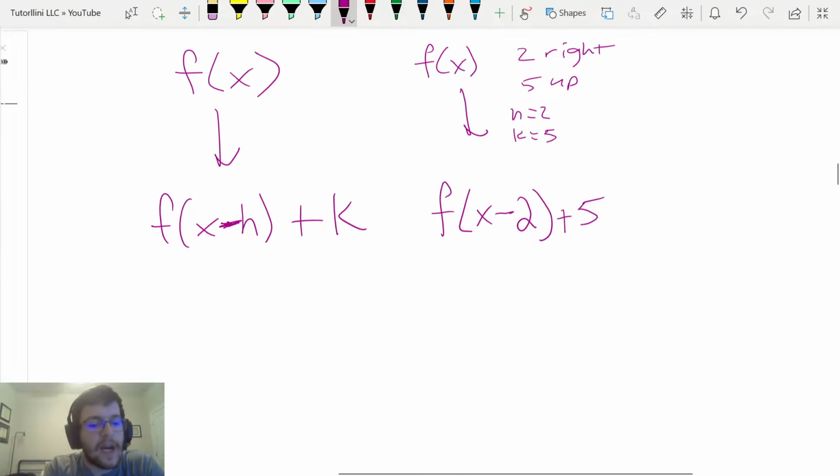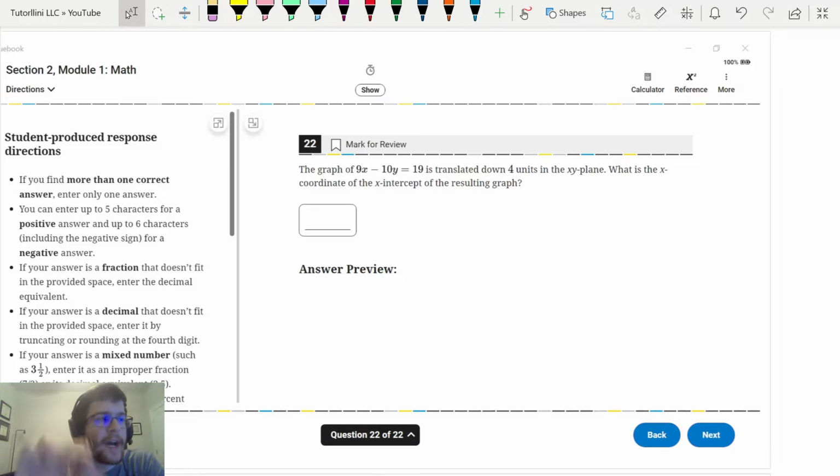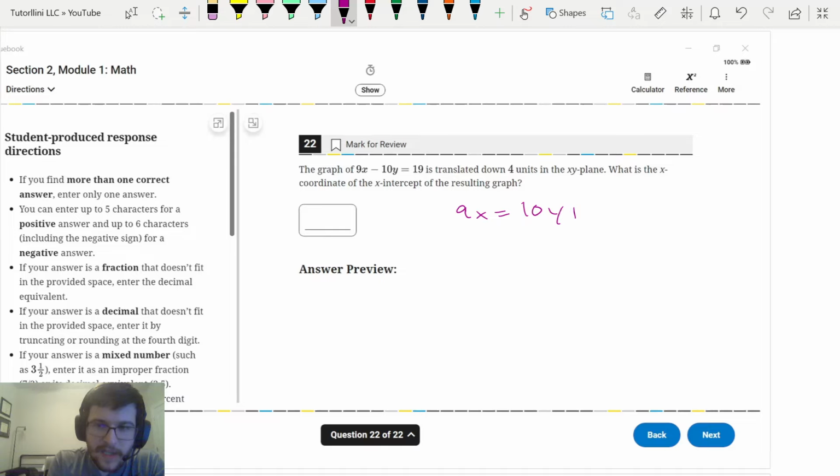So that's what I did. I got y by itself, and then I translated it down using the function notation. So let's go over that. I'm going to move 10y to the other side, and I get 9x equals 10y plus 19.